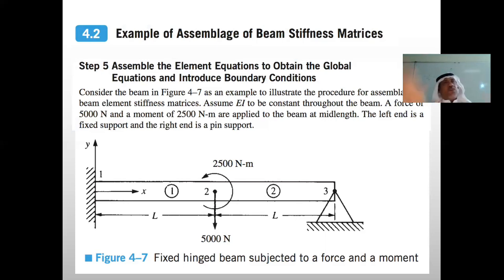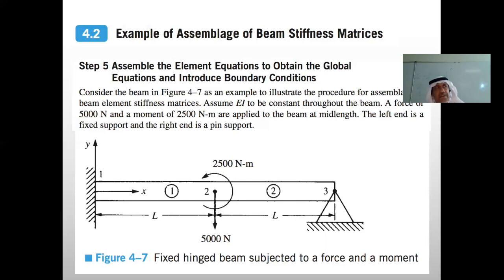Before even reading this question, what do you think is the procedure to solve a finite element problem? Element stiffness matrices. So you find K for each element. Then you assemble. Then you have global forces and global displacements, or unknowns.